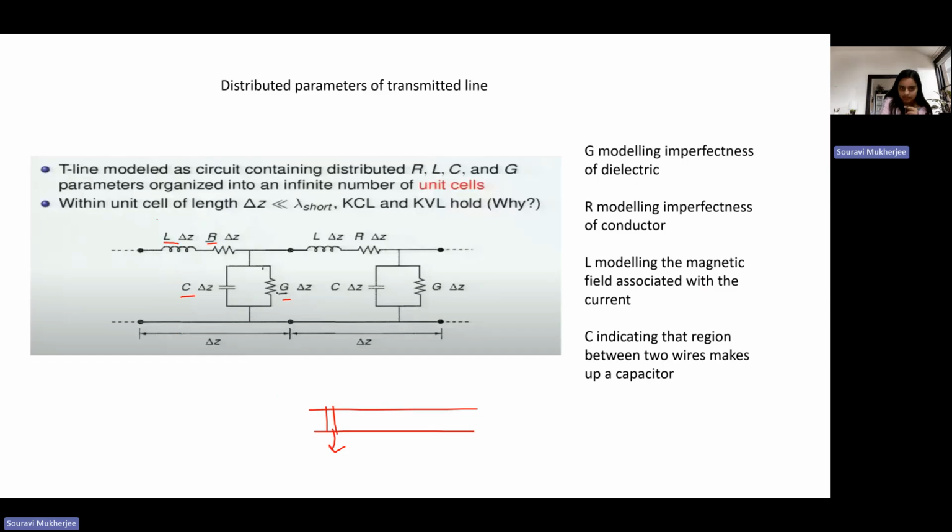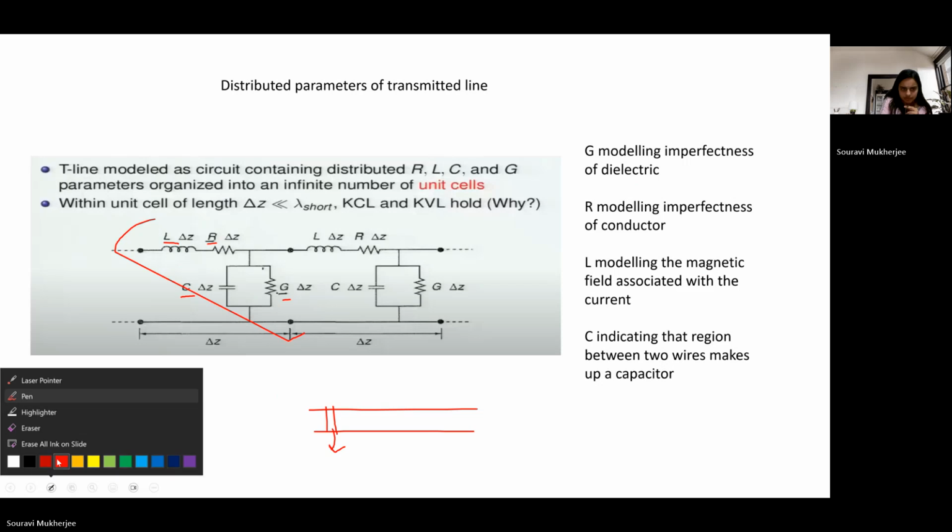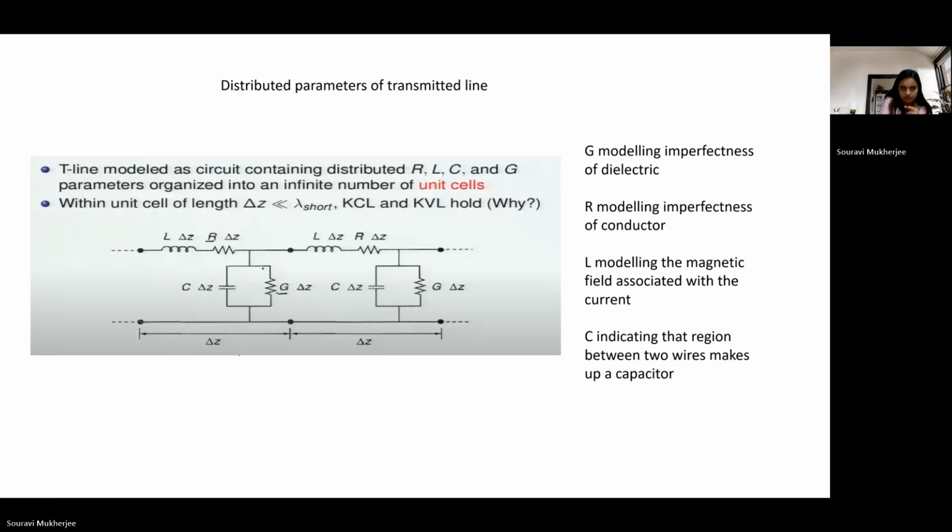Based on the length of your transmission line, you can have many such unit cells joined one after the other, an infinite number of such unit cells.